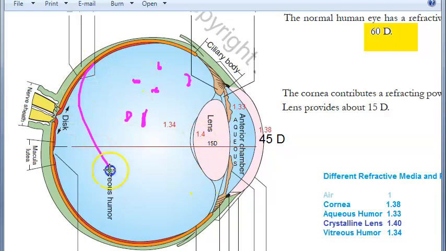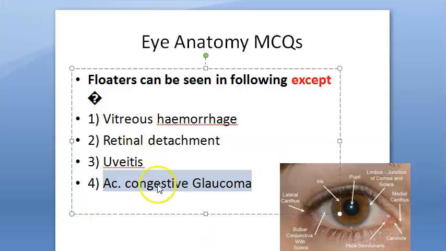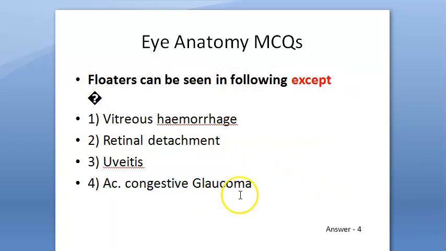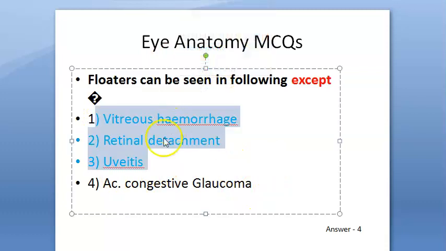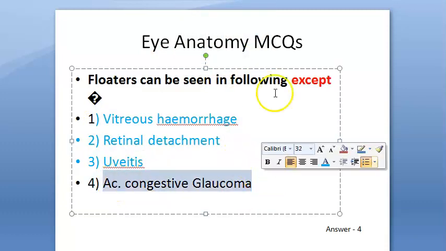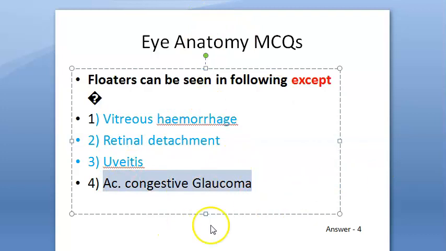Then retinal detachment, the retina gets detached. What else are the options? Acute congestive glaucoma. This sounds like not a cause for floaters. Let's look at the answer here. Yes, answer is 4. So in these three there can be floaters, but in acute congestive glaucoma there will not be floaters.